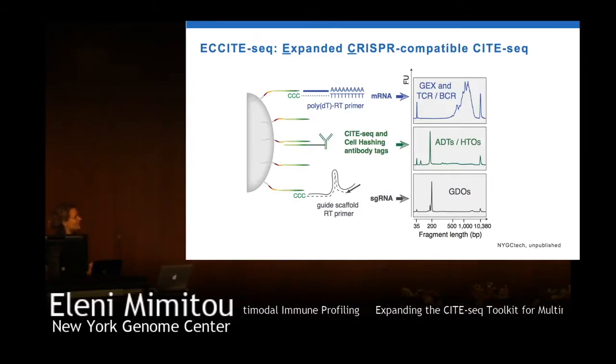We can get antibody information in the form of CITE-seq and cell hashing, and we can get guide information by direct guide capture. And this is a very exciting avenue we're currently exploring, because it paves the path to detecting any non-polyadenylated transcript using custom primers.